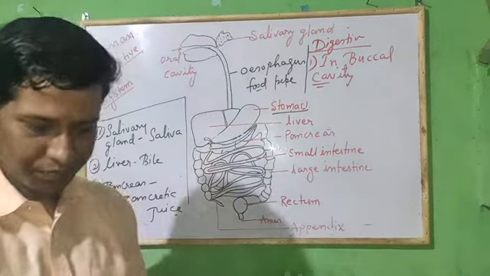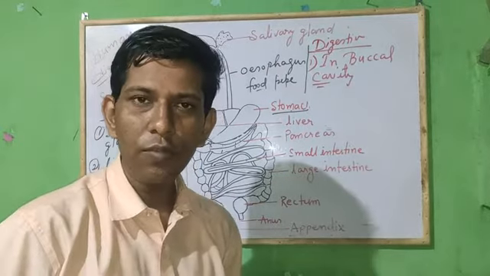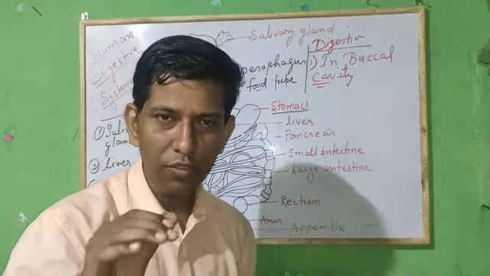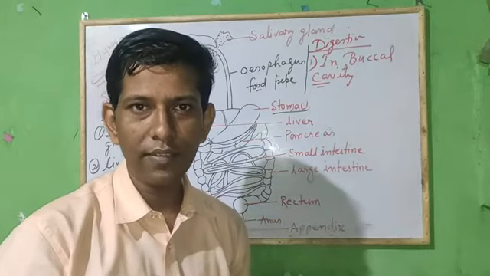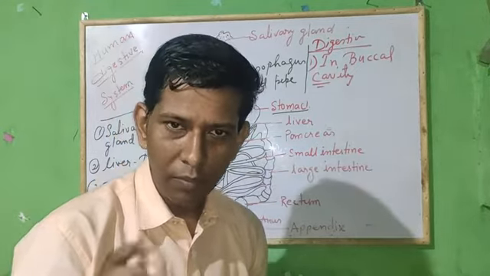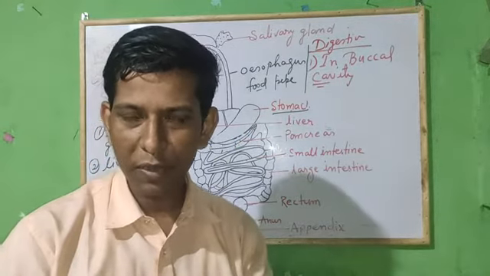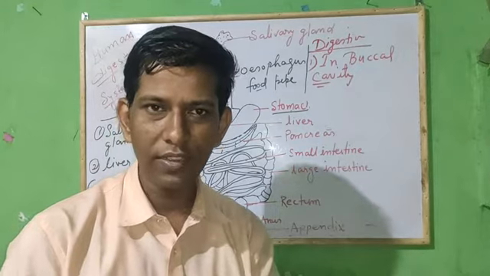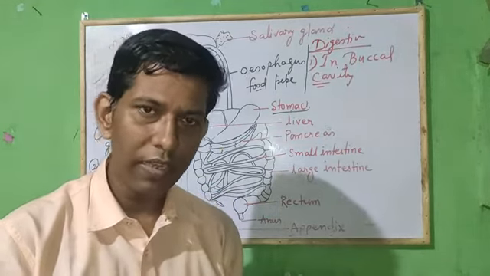Dear children, the most important thing is that first the complex food material, the food that we are going to eat, we take into our mouth. That is called, as I have already explained, ingestion. During this ingestion process we are taking the food in our mouth.